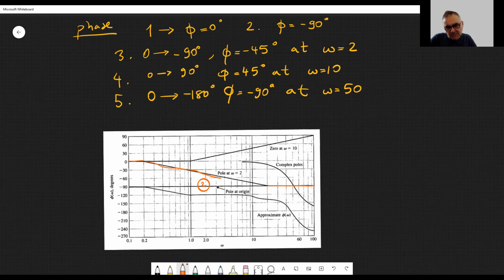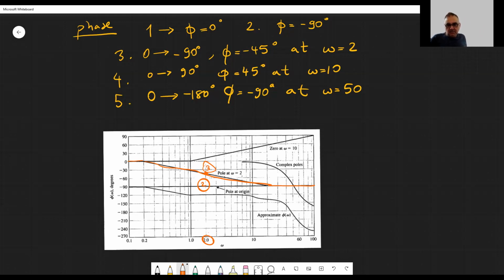And what they did as an approximation is it's 45 at omega equals 2, so they just drew a straight line here. This is the third one.